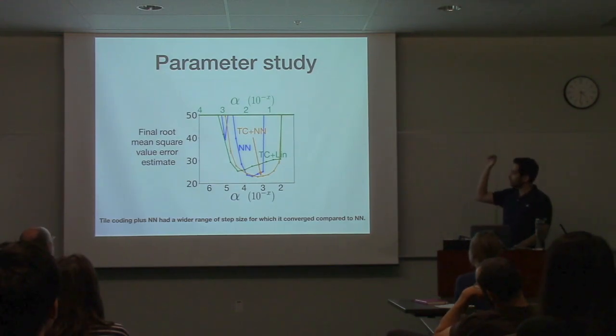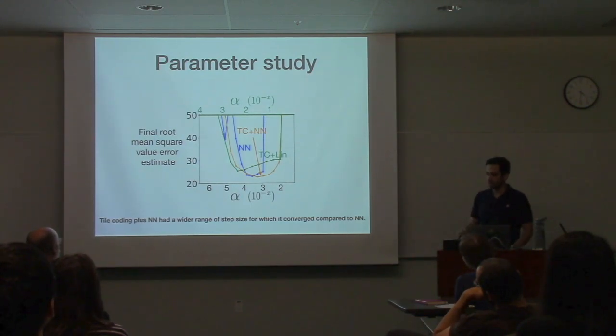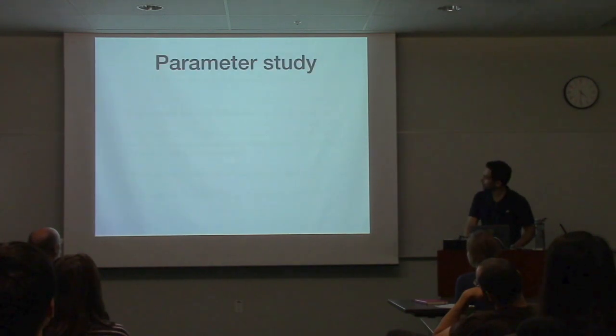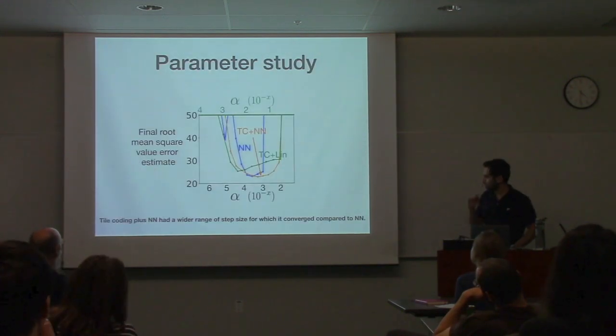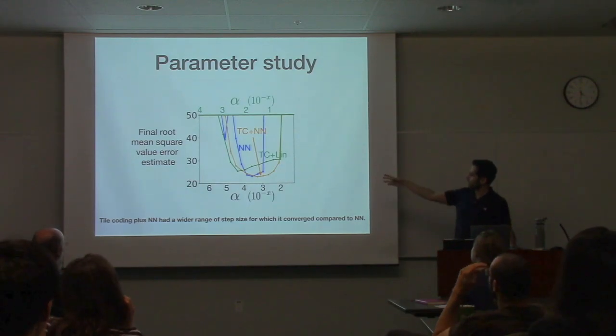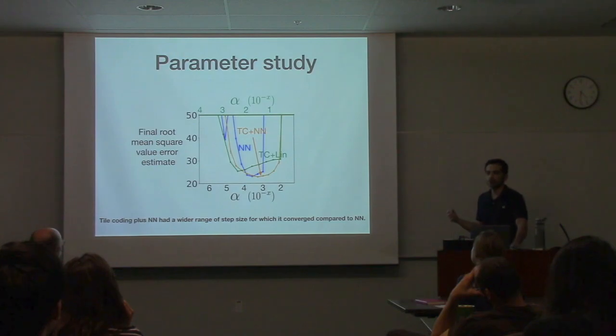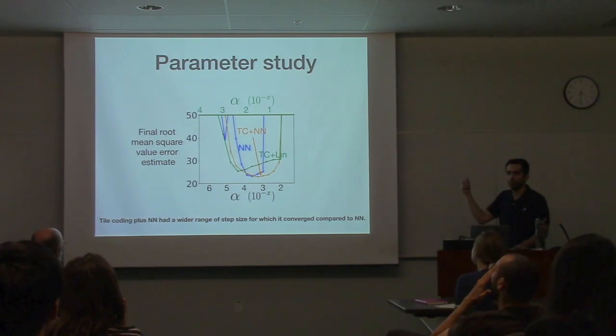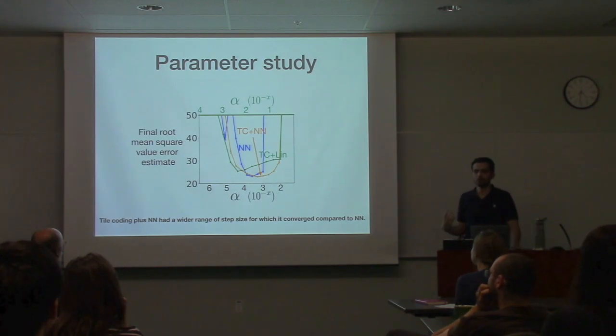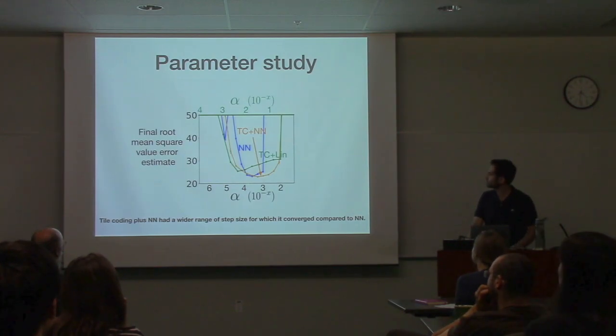The top x-axis is the step size value for tile coding plus linear function approximation. What I want you to see here is that our proposed method has a wide range of step size for which it converged to a value near its best final performance.